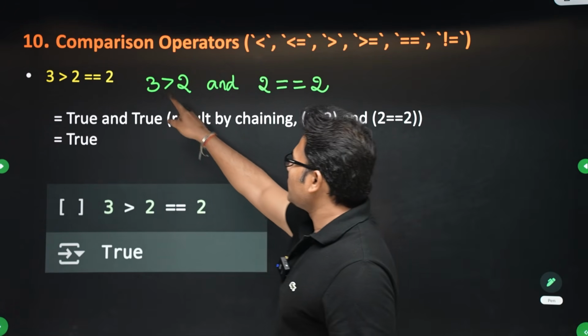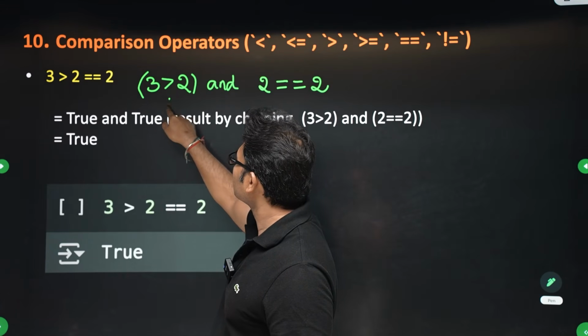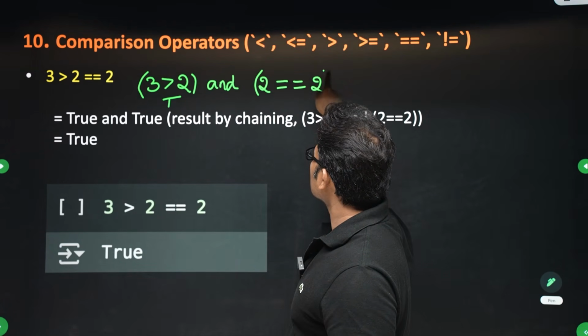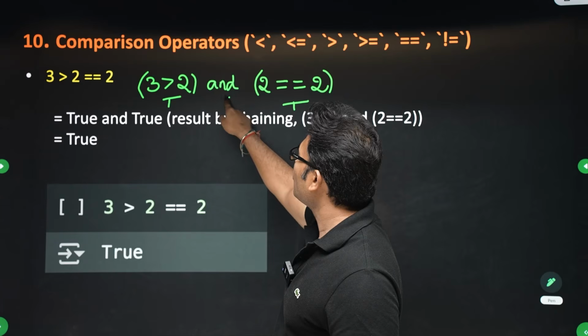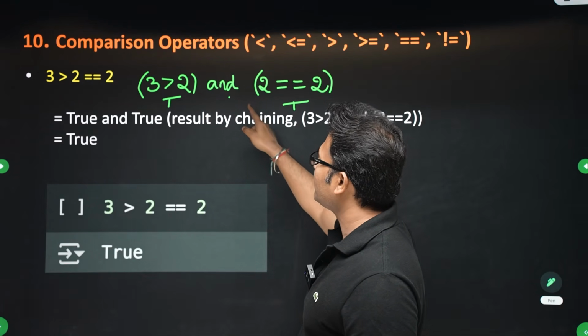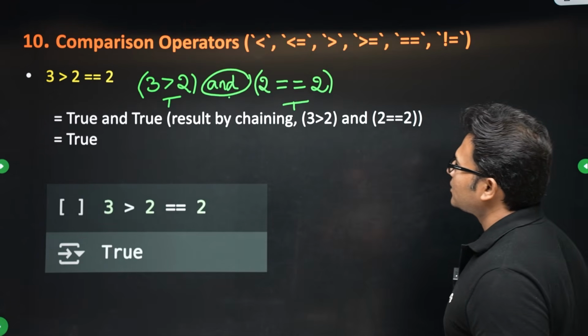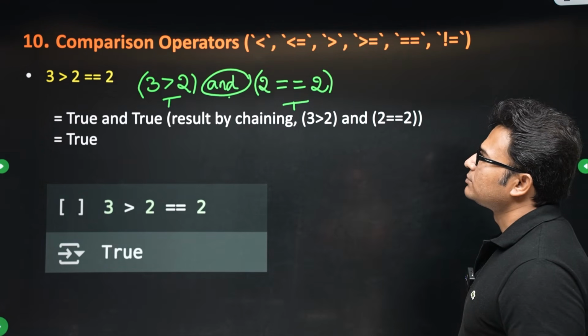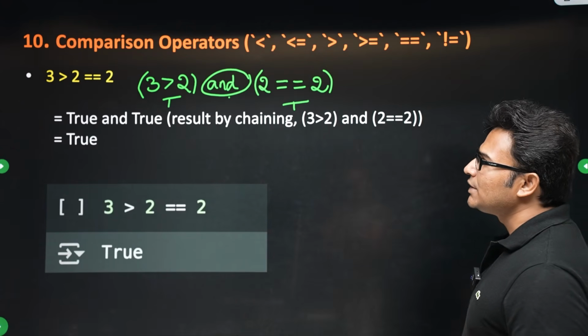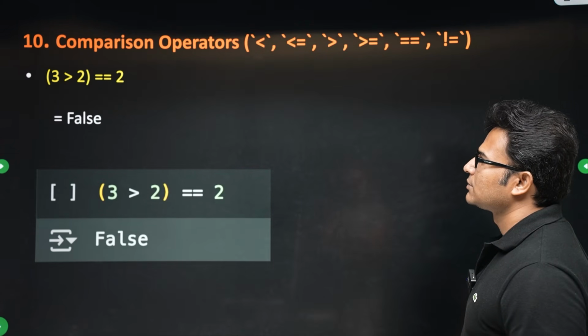Now what is the value of this? True. What is the value of this? True. Therefore both of them are ANDing. We are using AND in between, right? When both of them are ANDing, the result is true. Because there is no parenthesis, it is chaining, right?